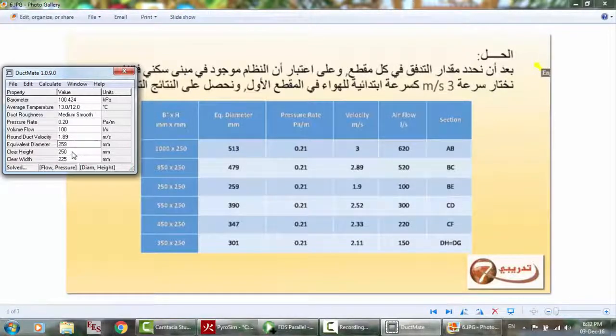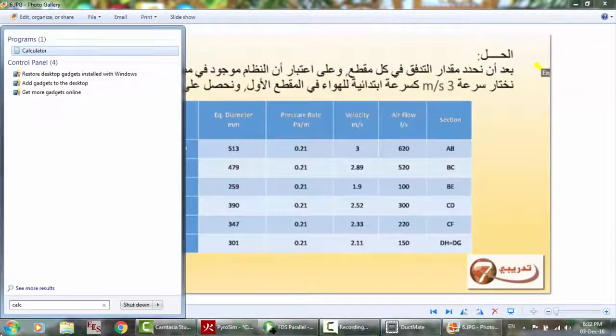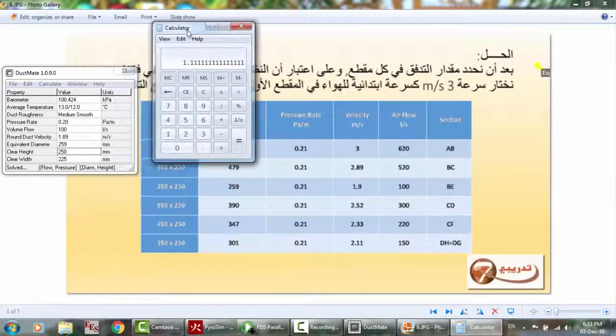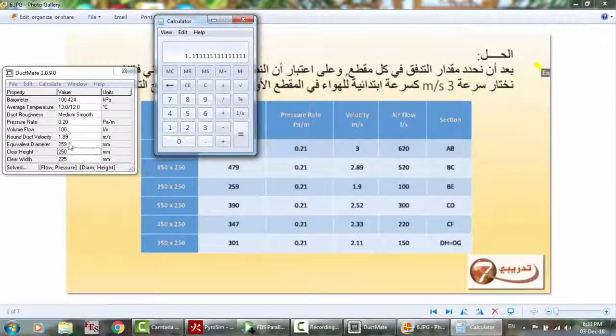Here is, I think, 1.9, but here the program tells you, here we go. Why? And here the aspect ratio is very good, so you can use this, and the equivalent diameter. Yes, I think there is a problem here. Okay, so this is the clear width, 225, not 250.